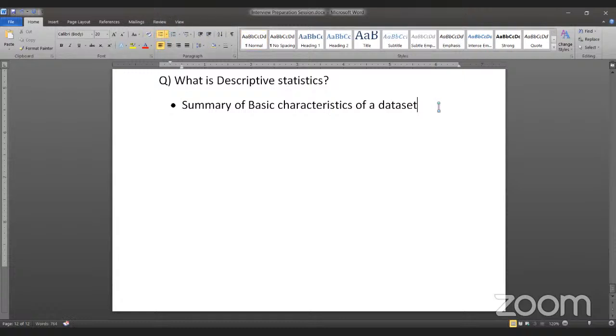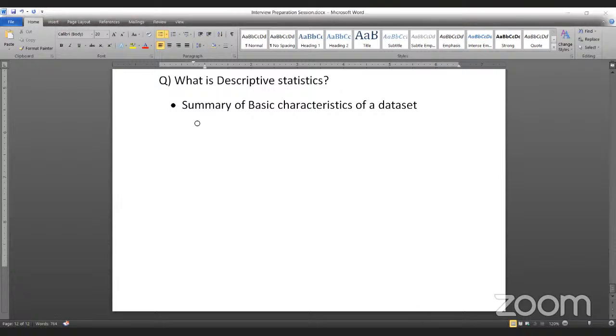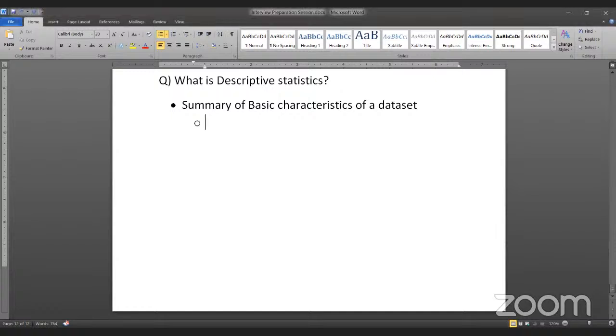So what do we see in descriptive statistics? Three things: distribution, variability, and central tendency.